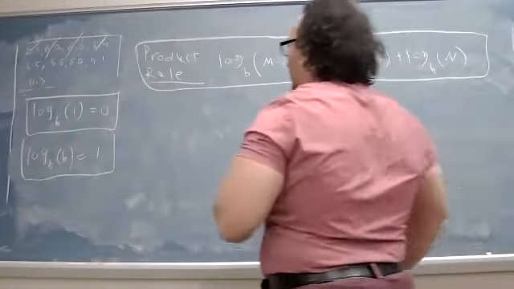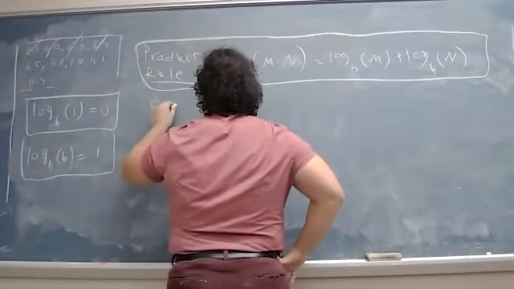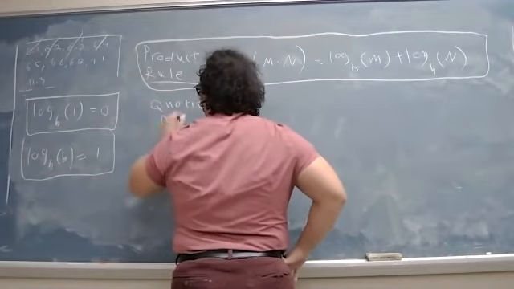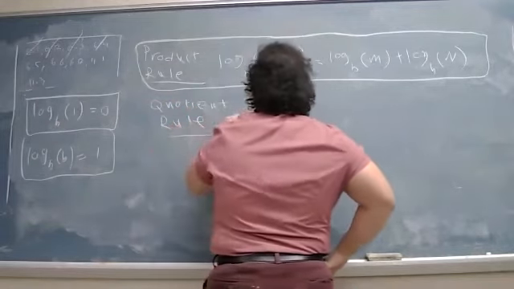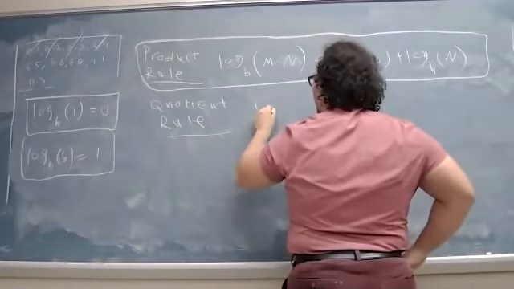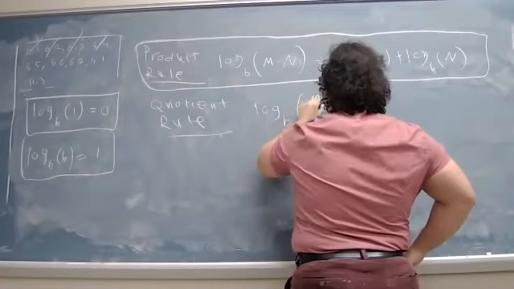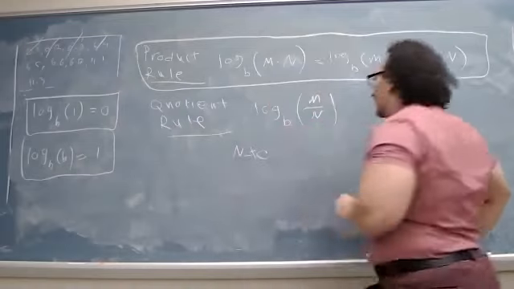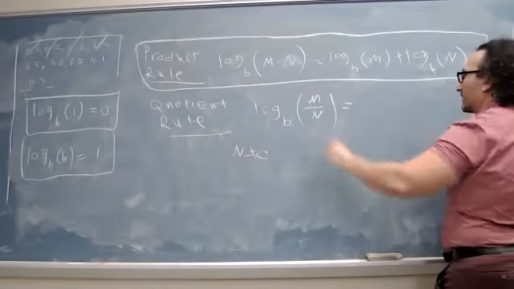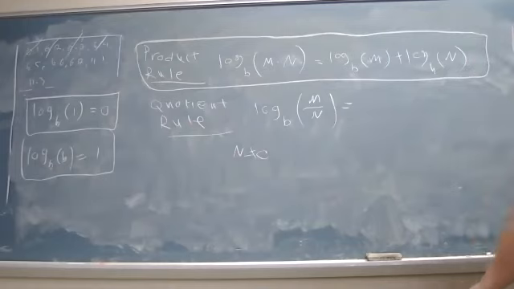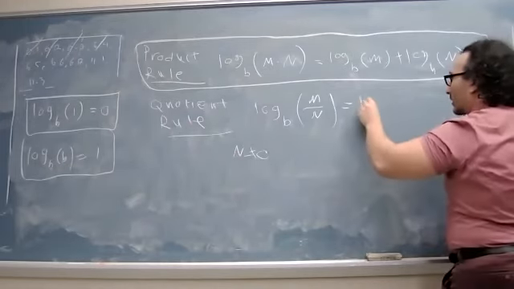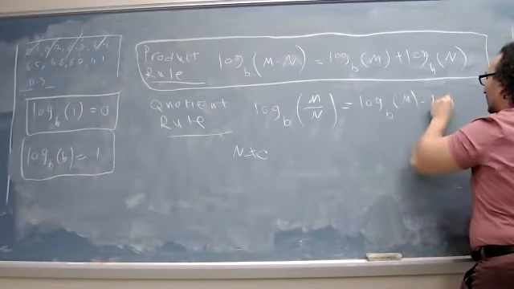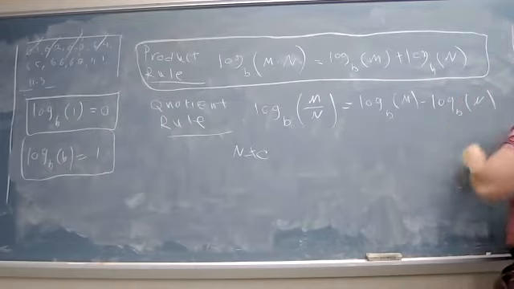Furthermore, we have something else called the quotient rule. It says that the log base b of m divided by n, such that n does not equal 0, clearly, because we can't divide by 0, at least not in this mathematical context, without it being defined properly. That's equal to log base b of m subtracted by log base b of n.